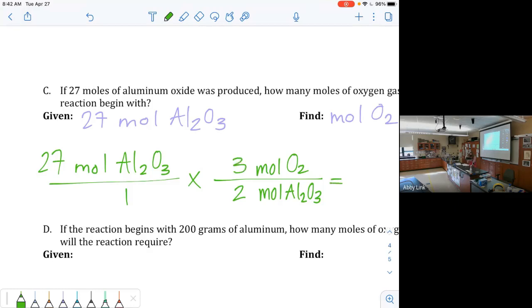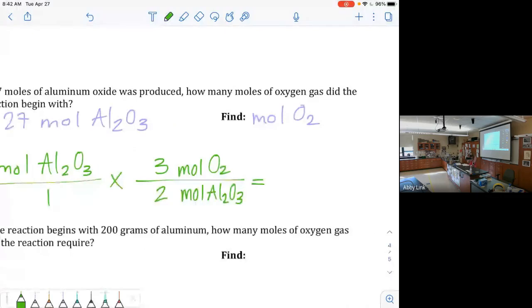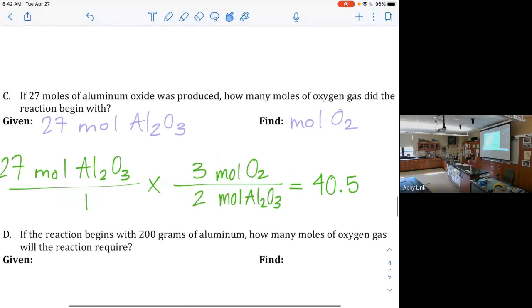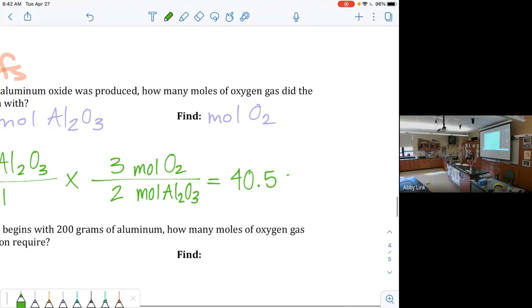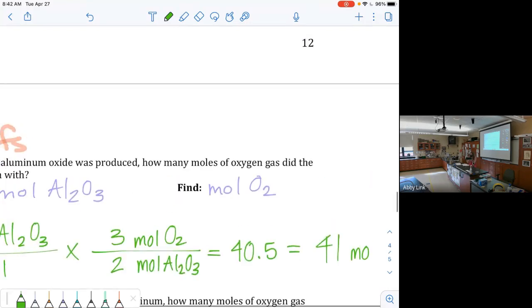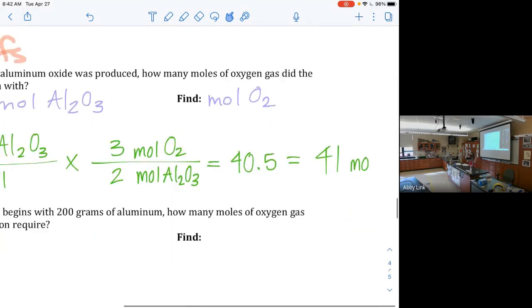Coefficient for oxygen is a 3. This one might be a little tricky to do in your heads. It comes out to be 40.5. But how many sig figs do we have here? Only 2. So we're going to have to round this guy up to 41 moles of O2.